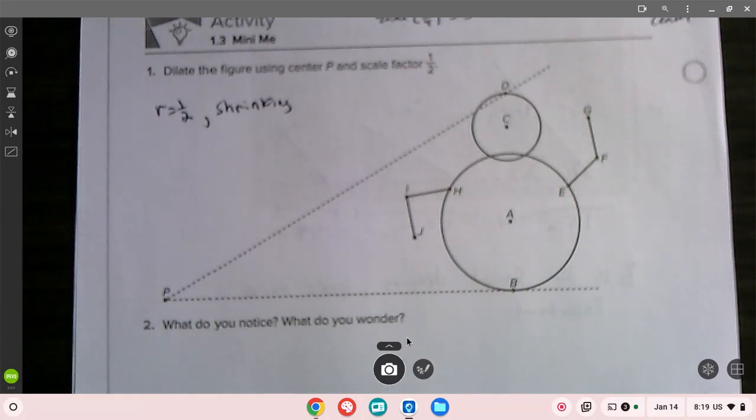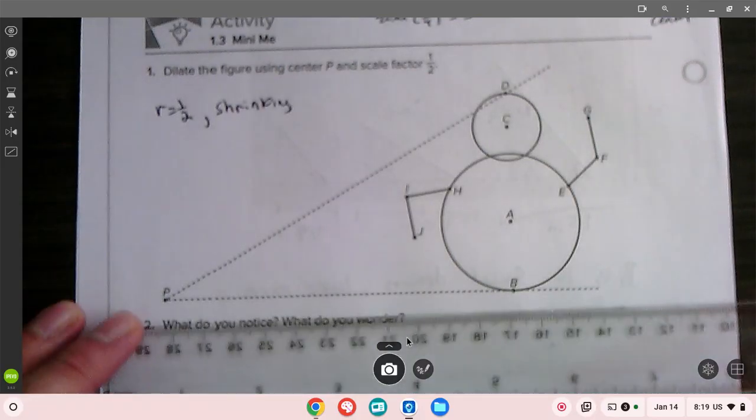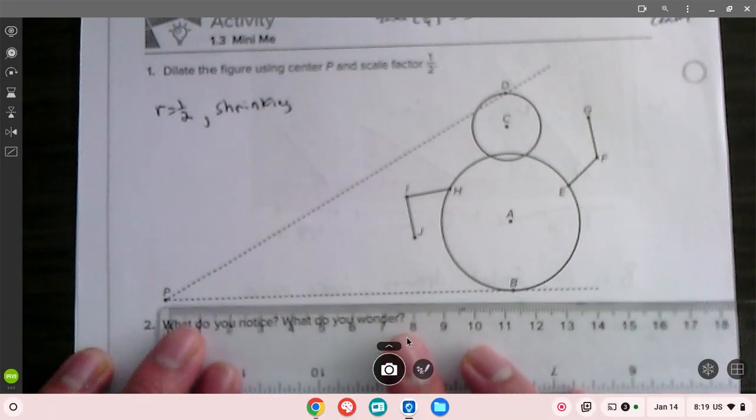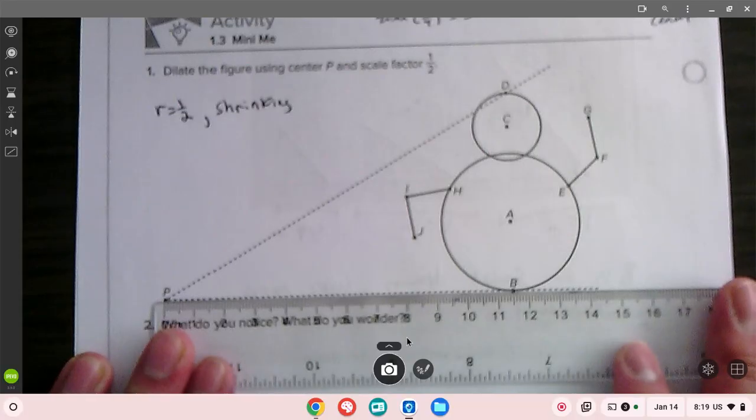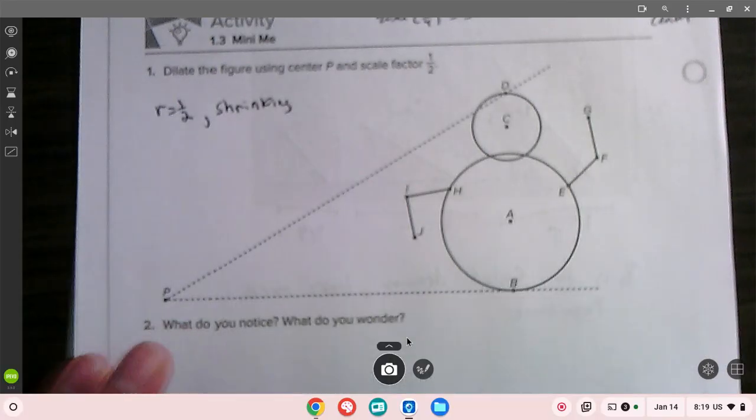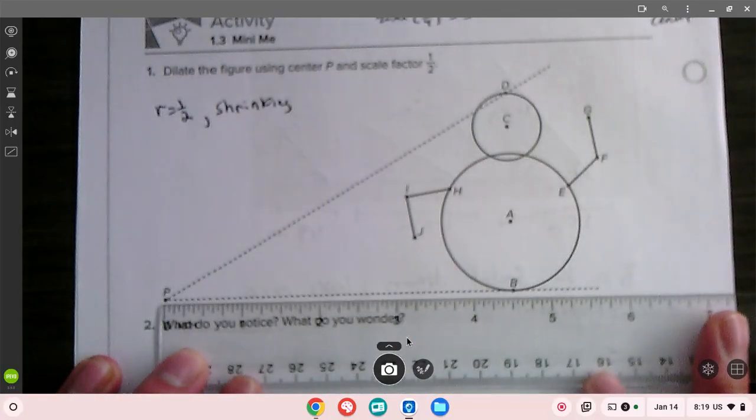Okay, so do I need to measure the distance between P and B? Or is it just to B? You don't have to go to the end of the line? Okay, we need to reference what we know. So we know from P to B is 4.5 inches.